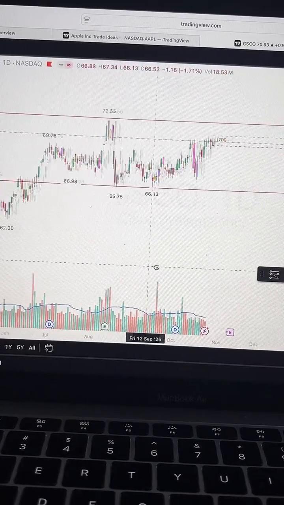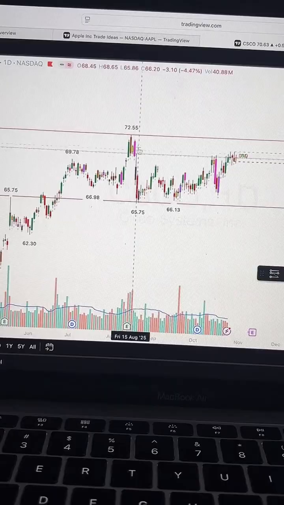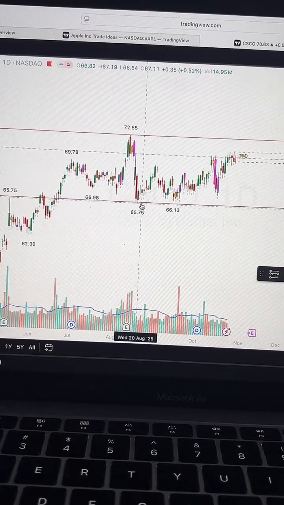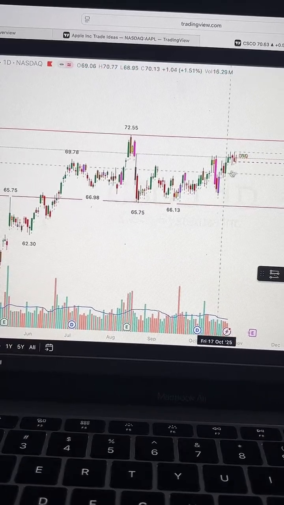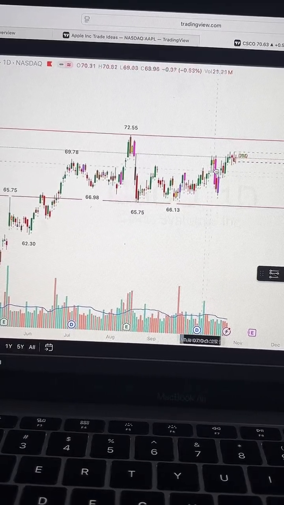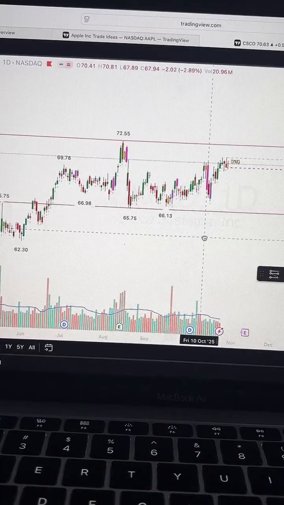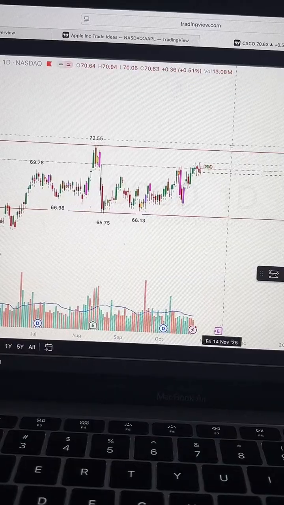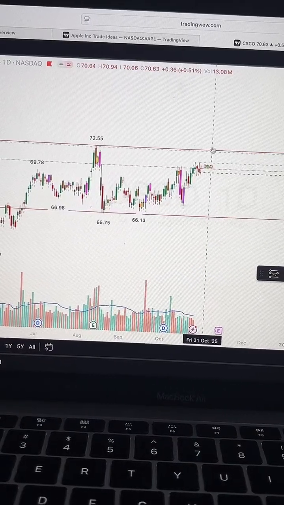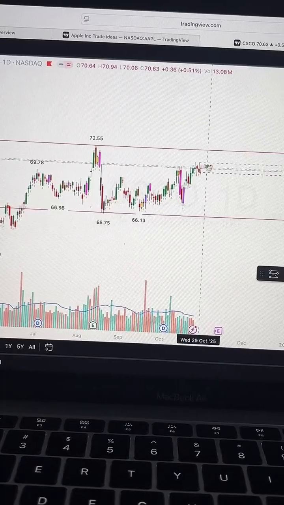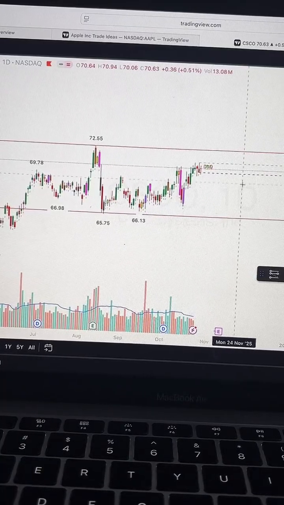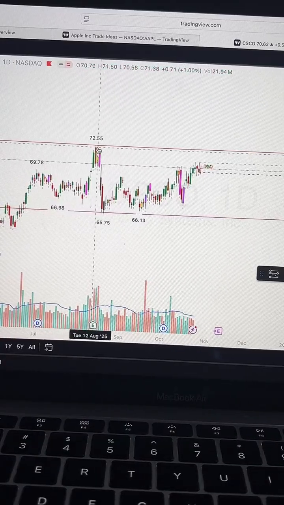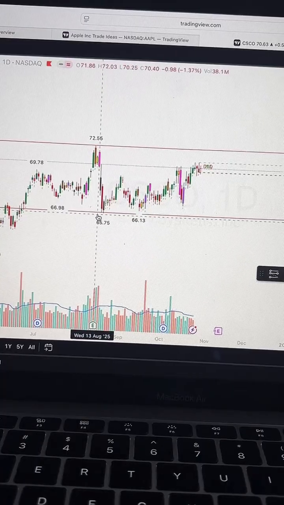So for Cisco, I would say that this is chopping, especially since we have this high at 72.55 and then the low at 65.75, and we're just trading inside of that. So this market structure is definitely consolidation. I would set my alert for the 72.55 when we get up there, to see if we're going to break out and form an uptrend, or if we're going to get up here and come down, and keep consolidating. But we're not going to get any real movement until we either break 72.55 or the 65.75.